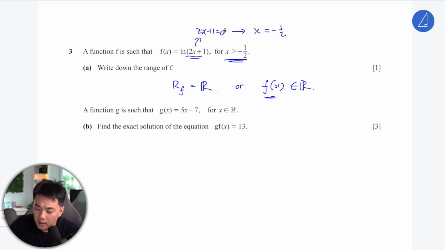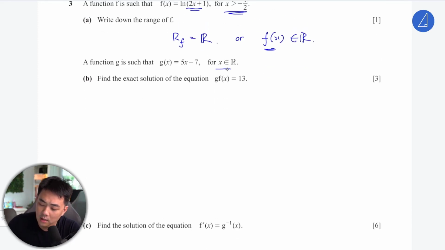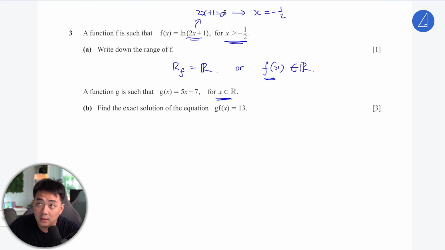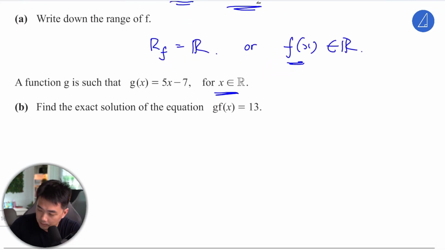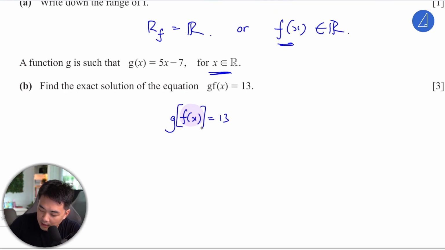So function g is defined as g(x) equals 5x minus 7 for all real values of x. Find the exact solution for g(f(x)) equals 13. This is interesting. What I'm going to do is replace my f(x) in it, because my f(x) is ln(2x+1).